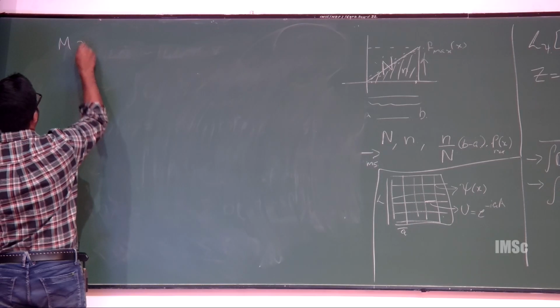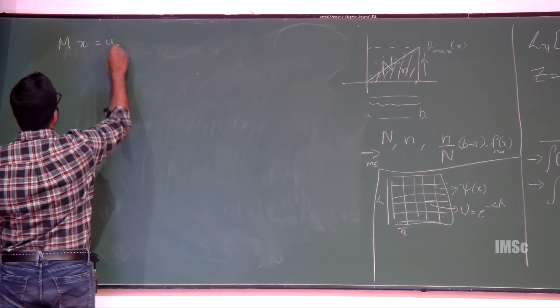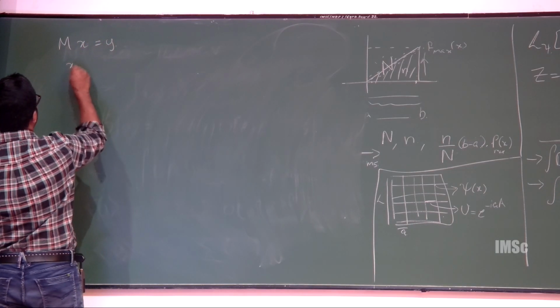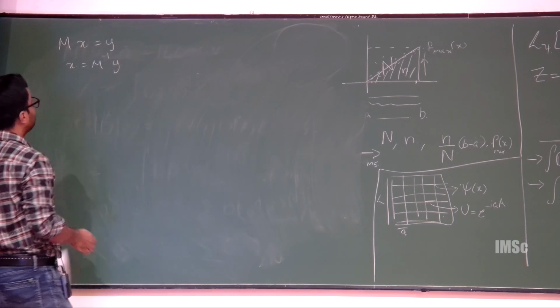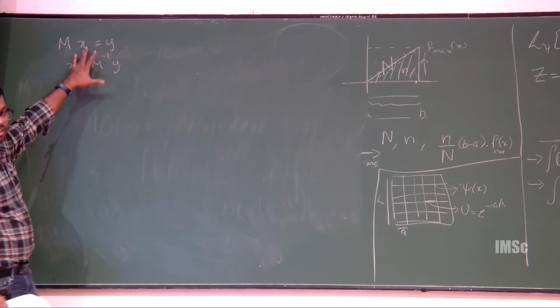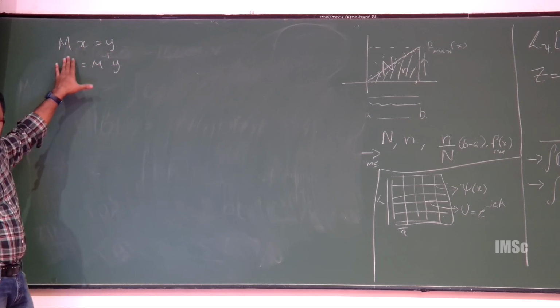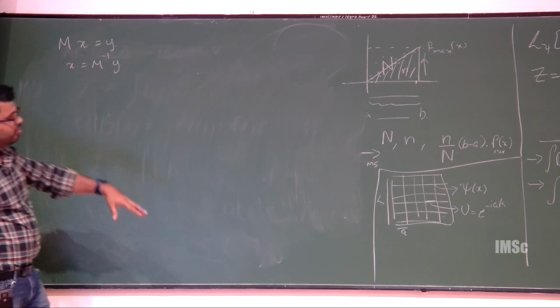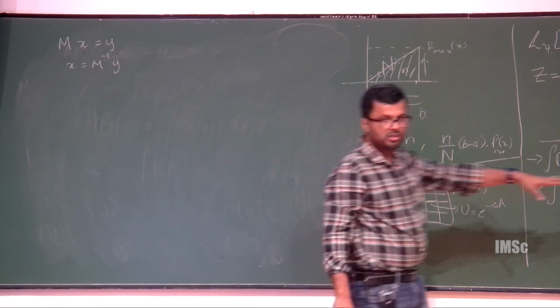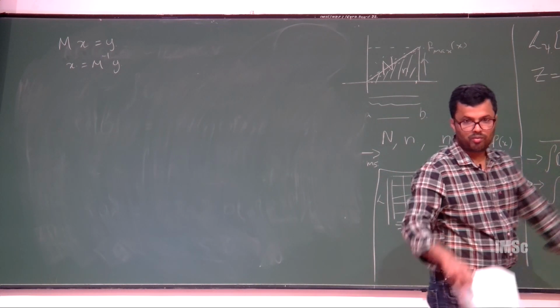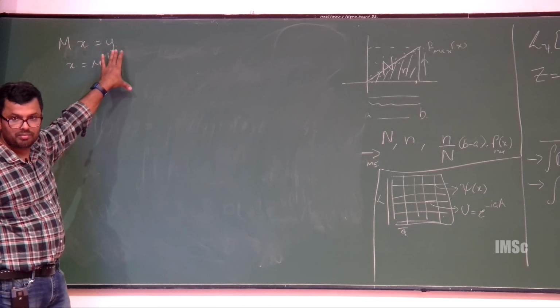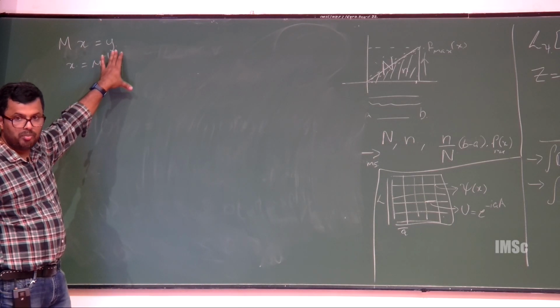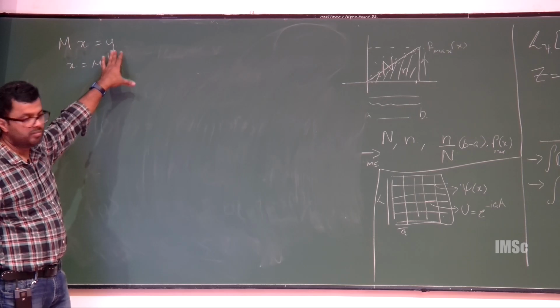So you have some M x equals y, and x is basically your M inverse of y. So y is a column vector, x is another column vector, and this is a matrix. So instead of evaluating the entire inverse across the entire space, what you can just do is invert it for a given column vector.